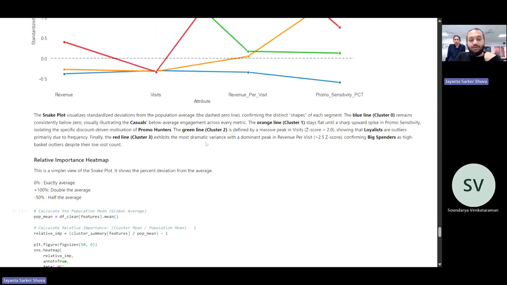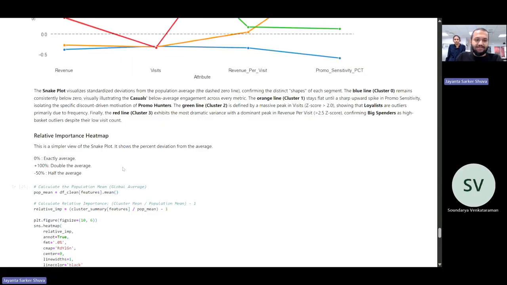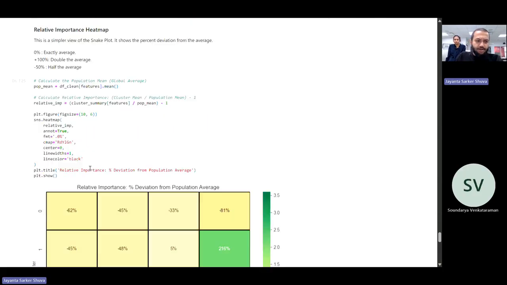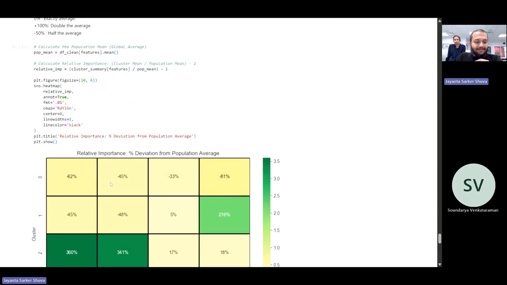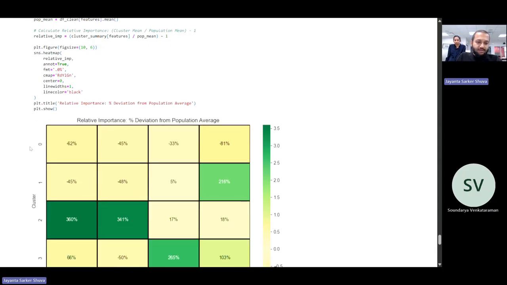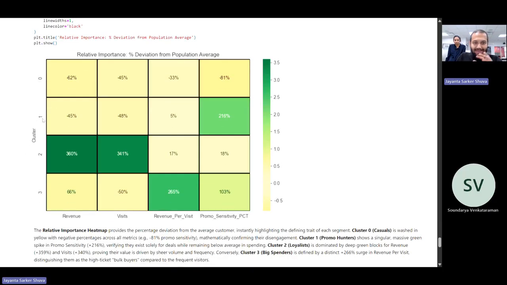This is a little bit confusing, so we can simplify it using a relative importance heat map. It is a simplified version of the snake plot. Here it compares each customer's percentage value with the average percentage value, so it is the deviation from the population average. For cluster 0, in all cases they are below average.